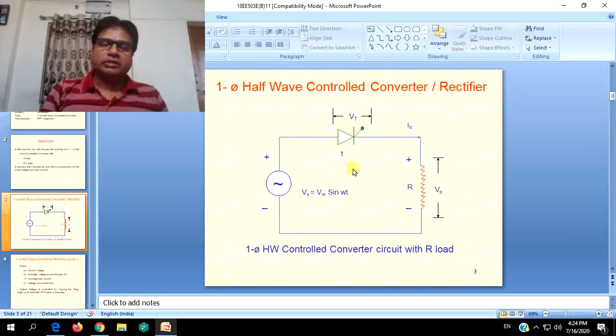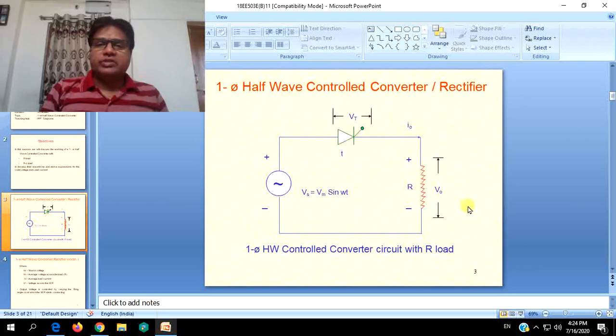So during the forward blocking mode, entire voltage Vs will be appearing across the SCR, or Vt will be equal to Vs. Load will not be getting any voltage. No voltage will be appearing across the load terminals, that is V0 will be 0 and I0 will also be 0.